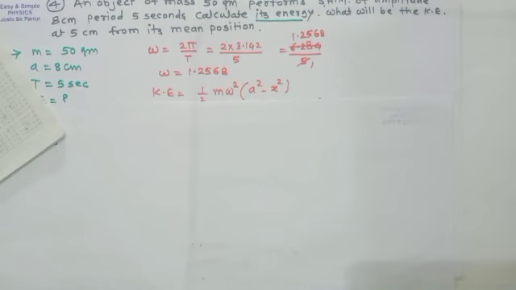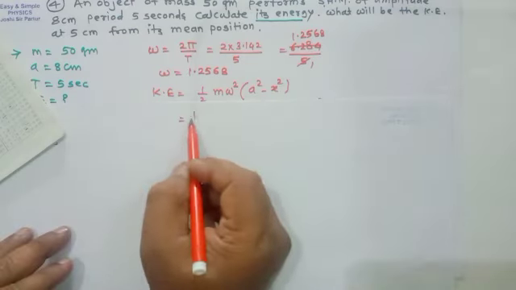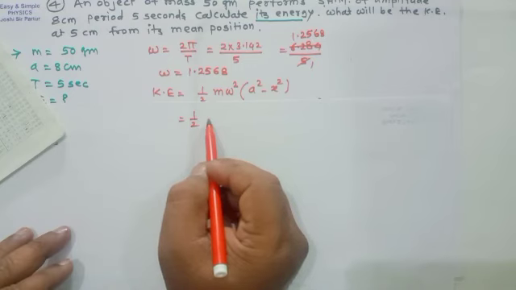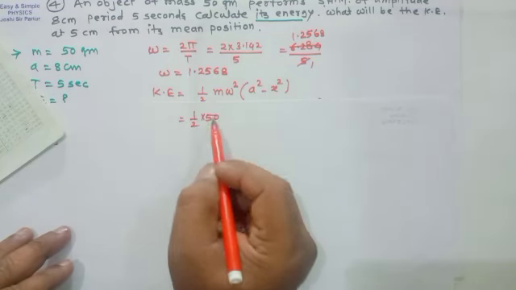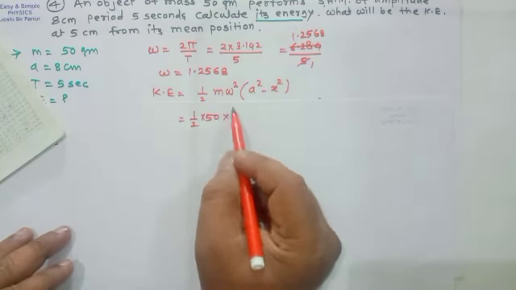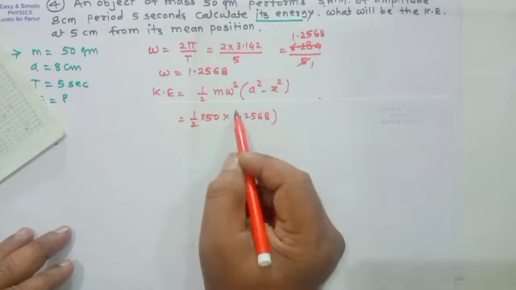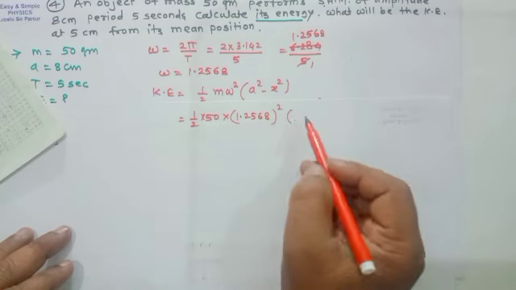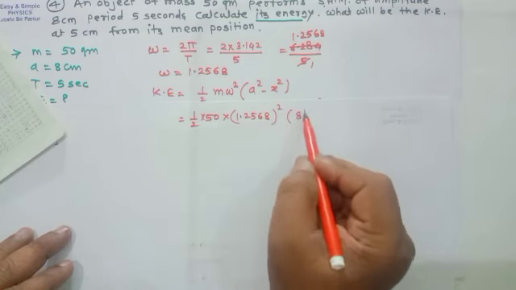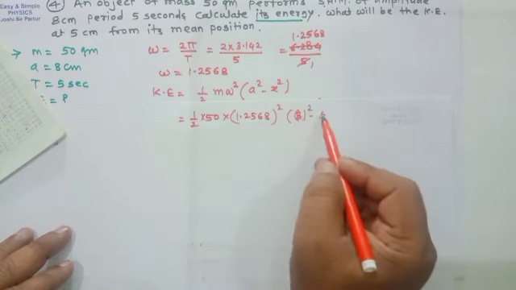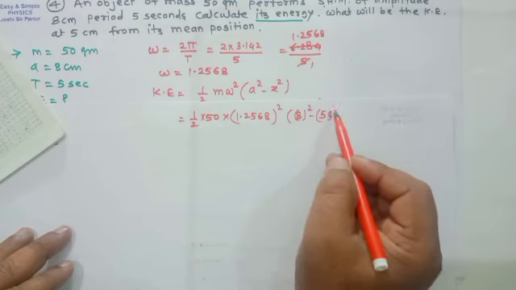By substituting the values, kinetic energy is half mass multiplied by 50. Here omega is 1.2568, squared, A will be 8 centimeter and x will be 5 centimeter.